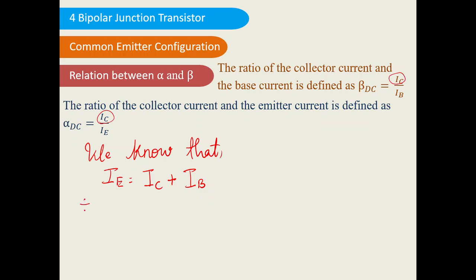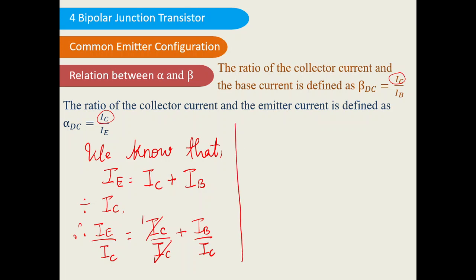Dividing both sides by IC, we get IE divided by IC is equal to IC divided by IC plus IB divided by IC. IC divided by IC is equal to 1.